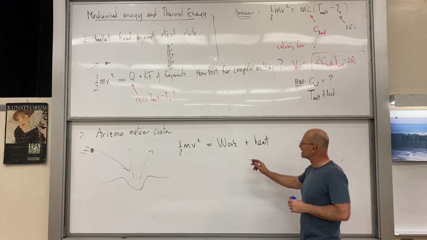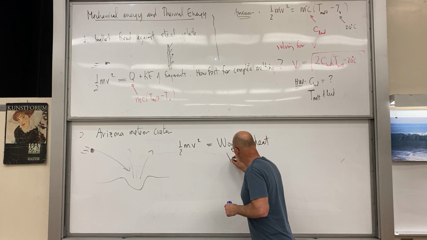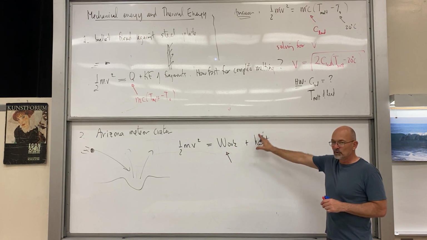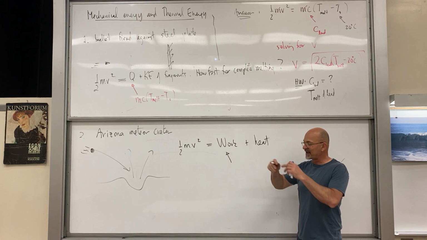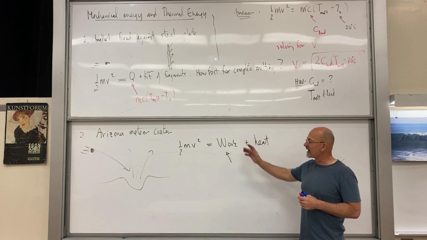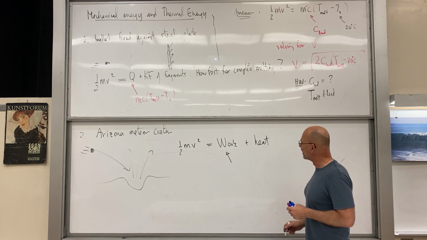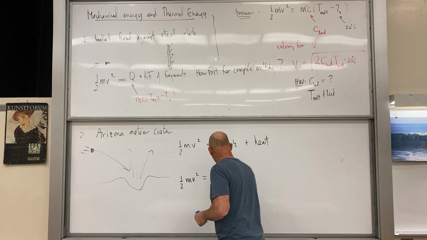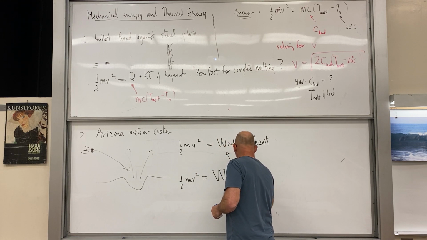So what we did last time was we really just focused on this, but now we know there's, and if you read up on it too, you know it's a gigantic fireball and a tremendous amount of heat produced as well. So we definitely had 1/2 mv squared is equal to the work plus the heat.